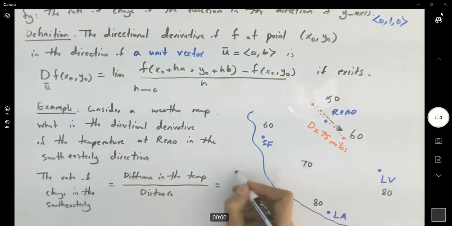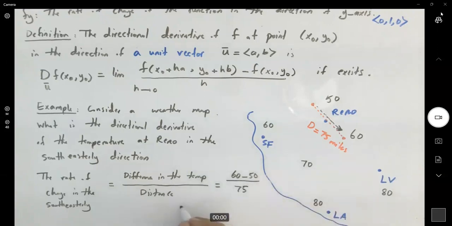So it's going to be 60 minus 50 with the given distance 75 miles. So this rate of change is approximately 0.13, for example, Fahrenheit per mile. This is the rate of change.